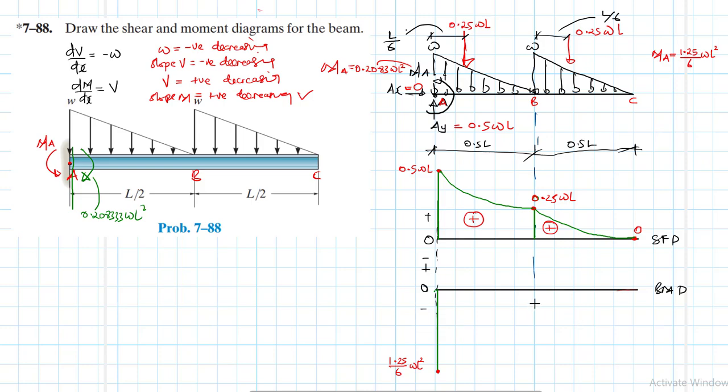But before we do so, we will need the moment at B. Like I said, we can calculate this moment directly by just doing a section on this side and finding the moment moving in this direction. This is one of the methods, which is also simpler. You can do a section like so, or you can do a section this side and move in this direction and then subtract the moment you find from this negative moment, because this 1.25 divided by 6 is negative, and we expect the moment to slowly become positive, right?